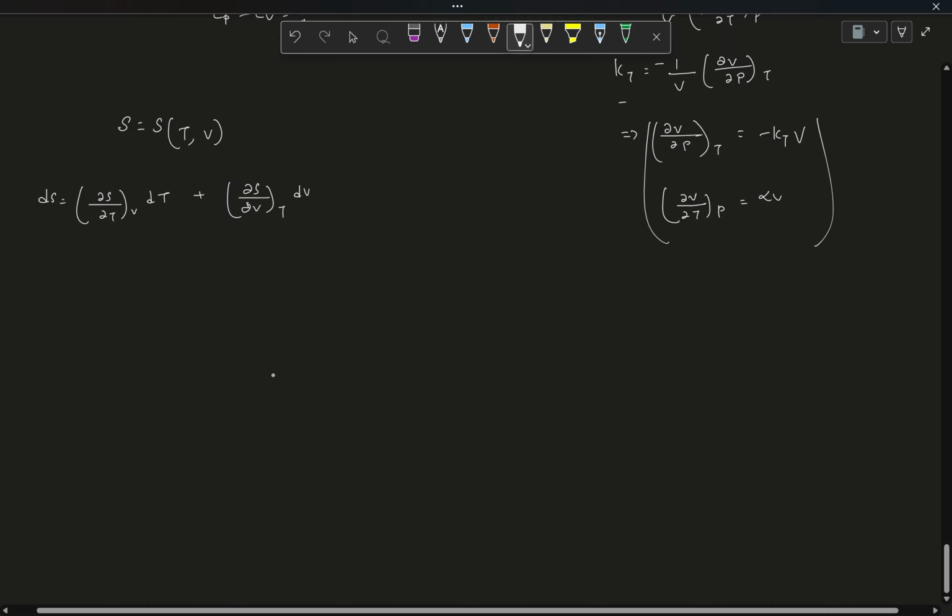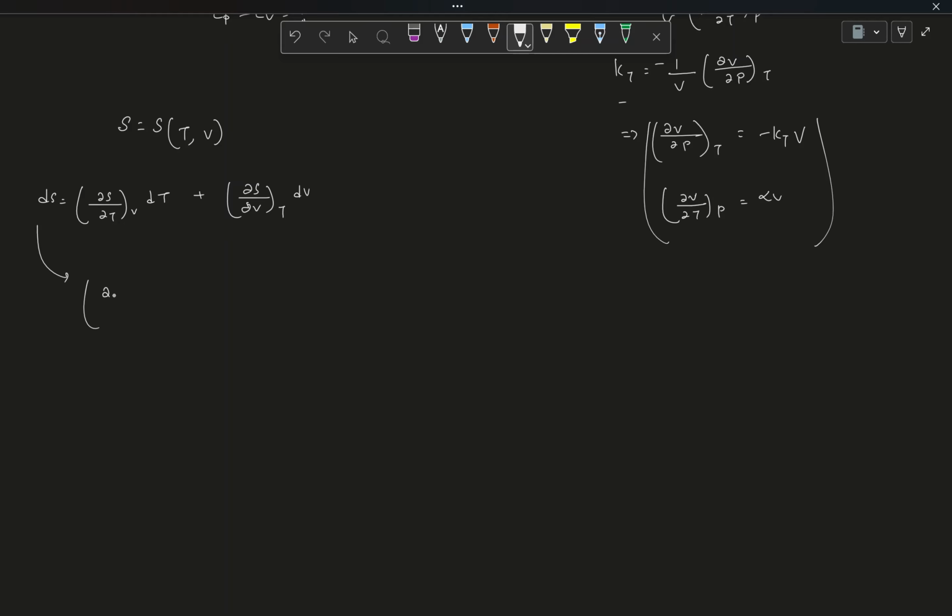Now if you take del S del T at P constant, you are basically taking a derivative with respect to temperature at constant pressure on both sides of the equation.